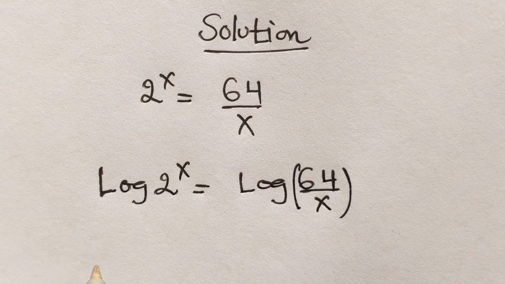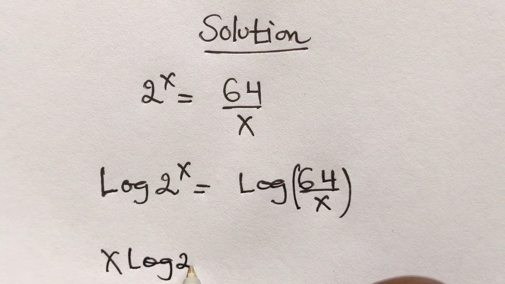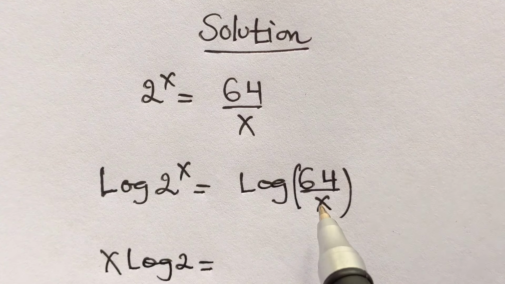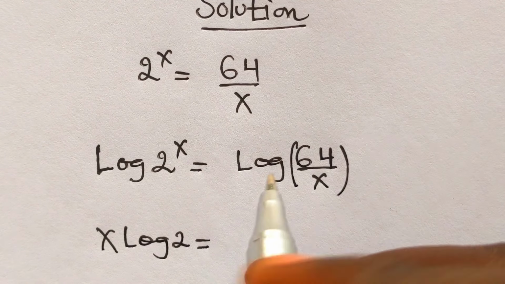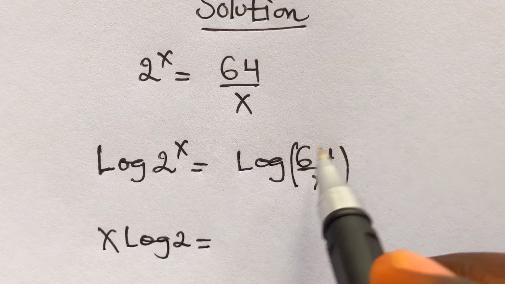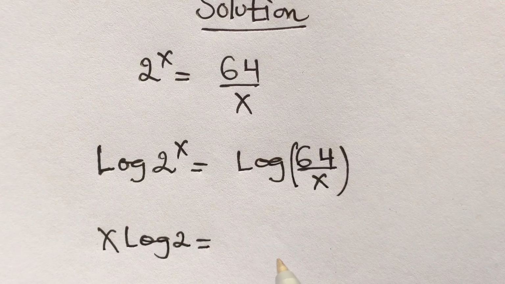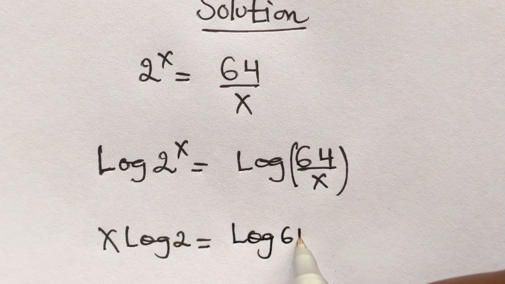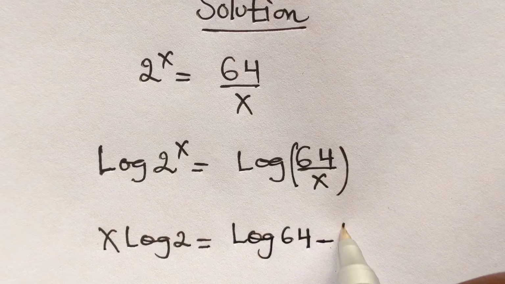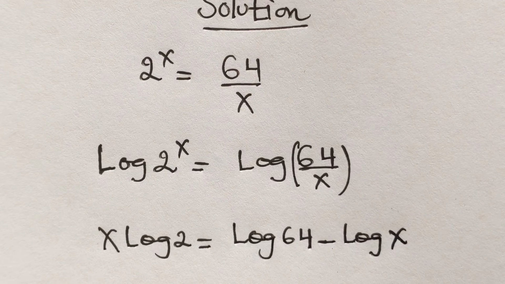Then at this stage we have x log 2 equals, and here we are going to apply another rule: the logarithm of a fraction is a subtraction, where we get log 64 minus log x.